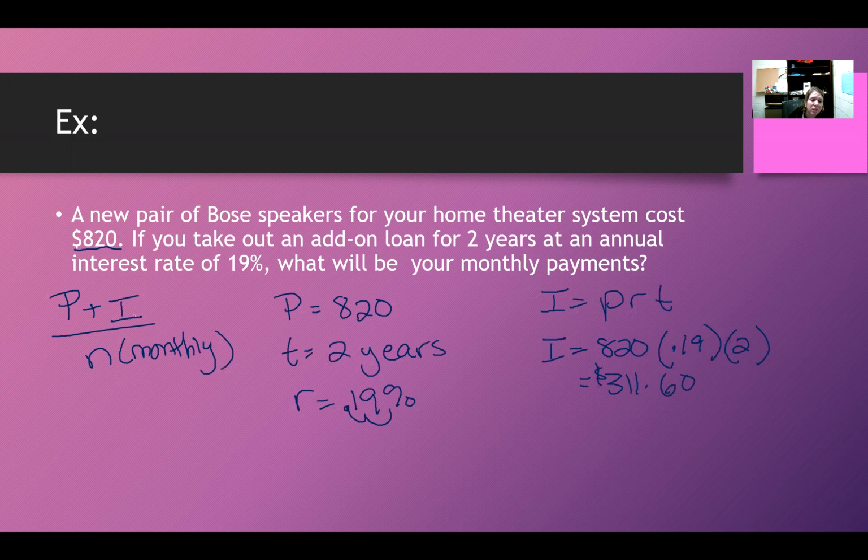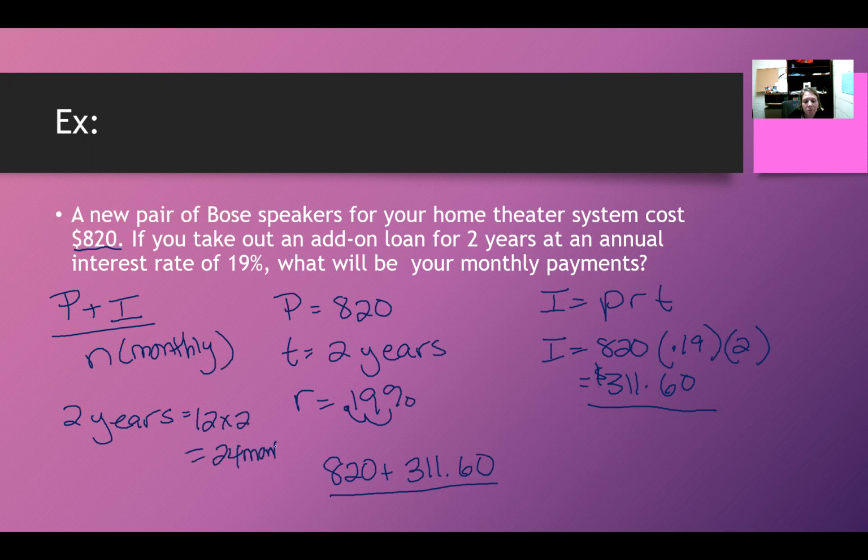So then we have to fill in the formula from knowing that. We have 820 plus 311.60, and now we're going to divide it by how many months we have. How many months are in 2 years? Well, I know there's 12 months in a year, so 2 years would be 12 times 2, which equals 24 months.